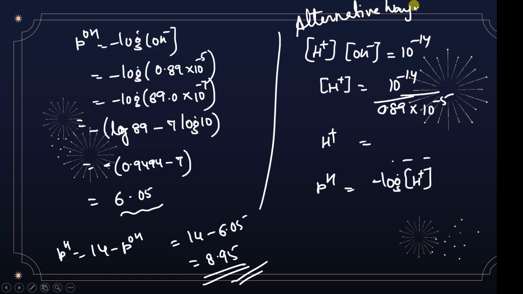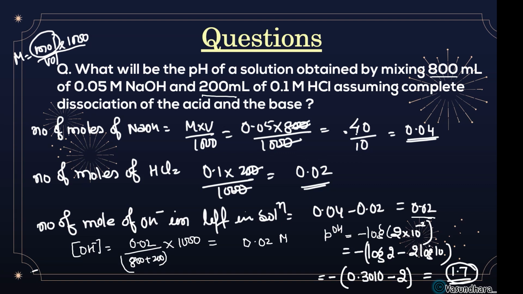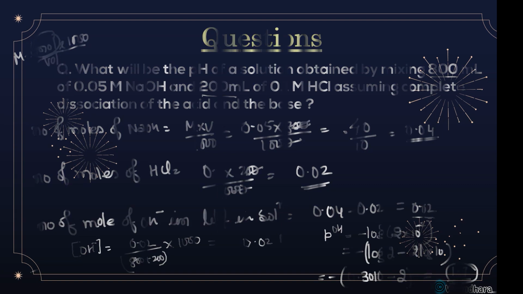Yes. So okay, one more thing. In this question, I told you I would give you the short form. So let me use another page for this short method, the alternative way.